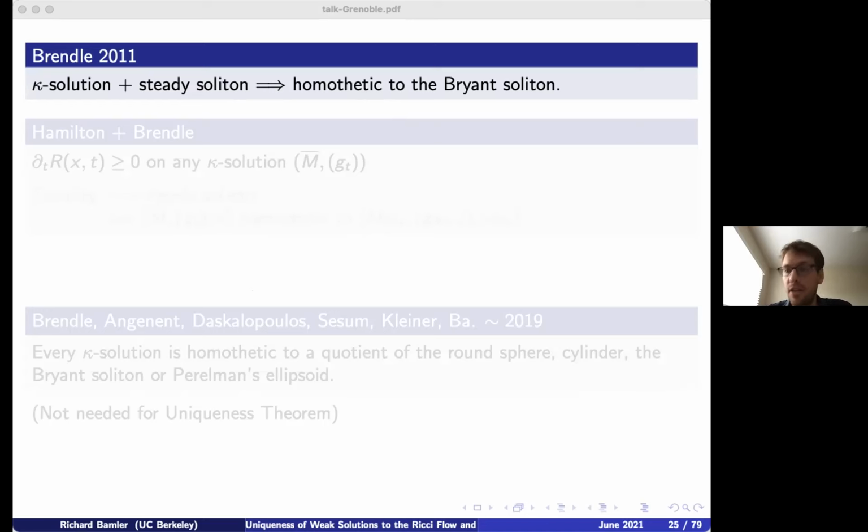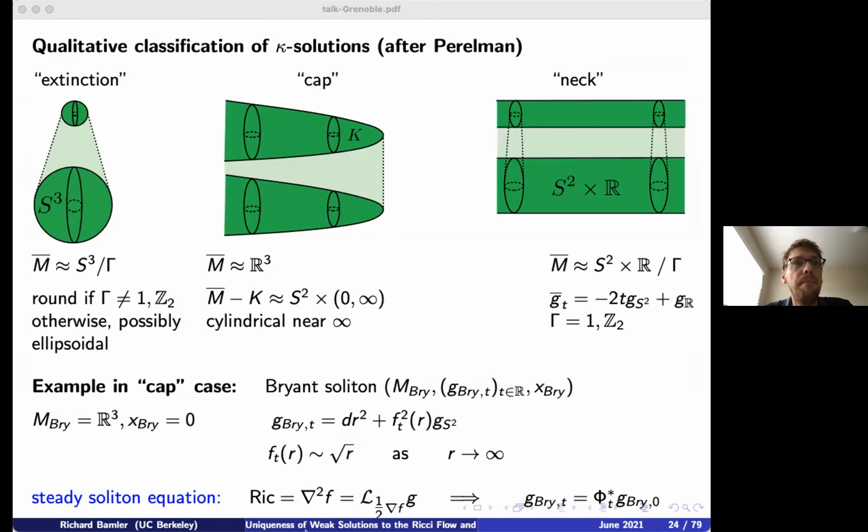Okay, in the definition, thanks, Gilles. Yeah, so sorry, I should have said that in this definition, a steady soliton is a single Riemannian metric on a manifold, and then we can get every other metric by evolving this Riemannian metric by pulling back by a family of diffeomorphisms. But yeah, you're right.